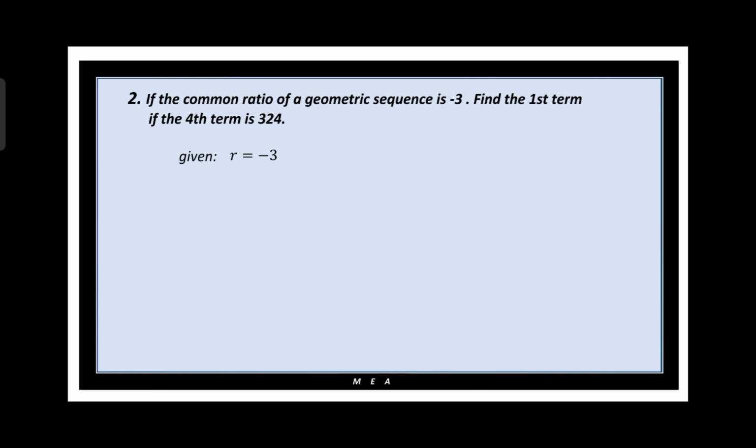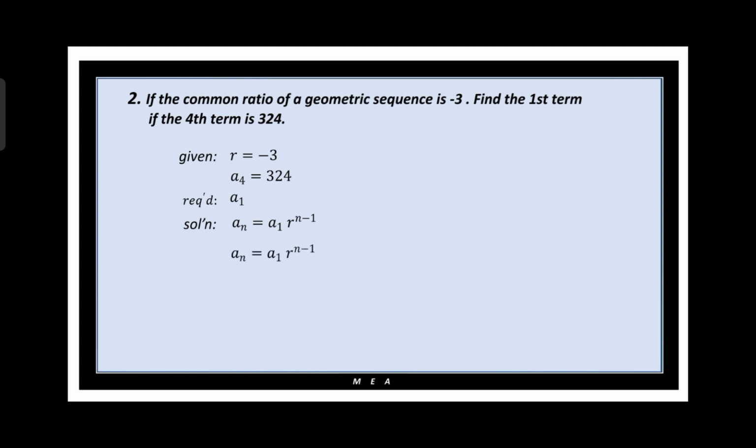And also, we have the fourth term, or a sub 4 equals 324. We are asked here, or required, to find the first term. So, solution. Sulat muna natin uli yung formula natin for the nth term. And let me show you how to derive the formula for the first term.